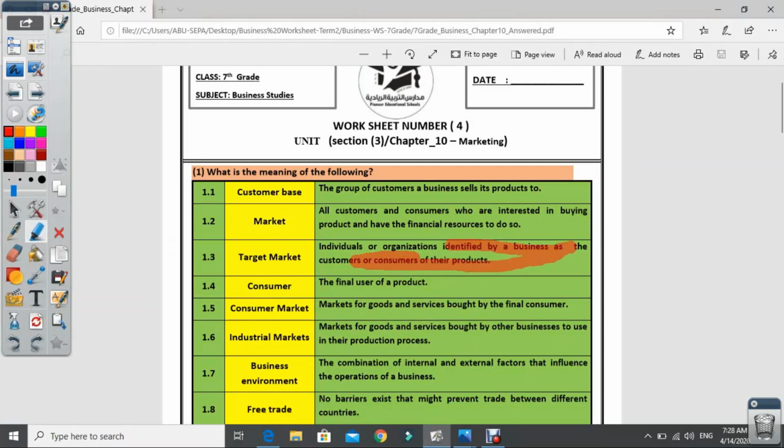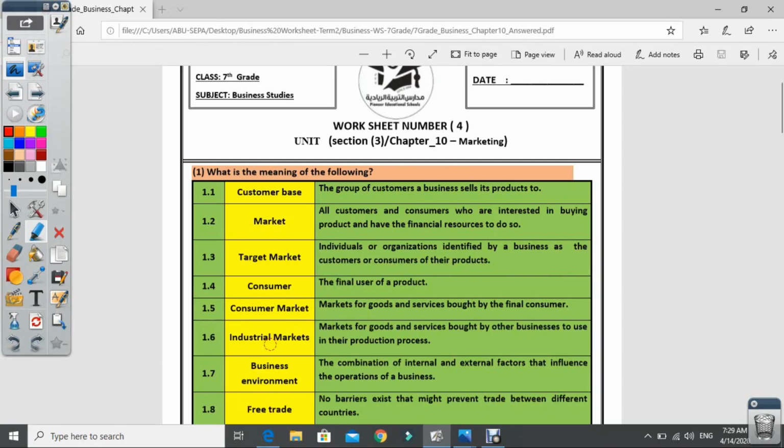Target market. So the target market is individuals or organizations identified by a business as the customers or consumers of their products.